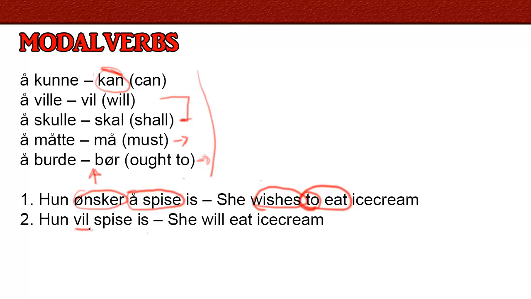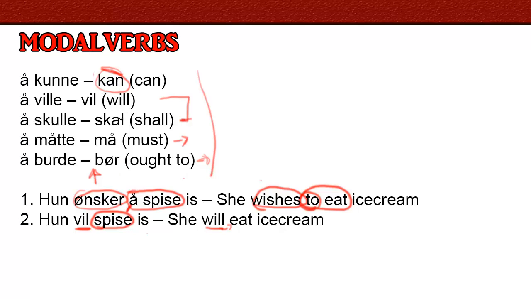In Norwegian, this would have the same meaning: hun vil spise is. Vil is one of the modal verbs, so spise becomes without the å, but you will still have the infinitive form. She will eat ice cream, the same as in English. Will is a modal verb in English, so you have eat without the to. This you just have to memorize; it's always like this.